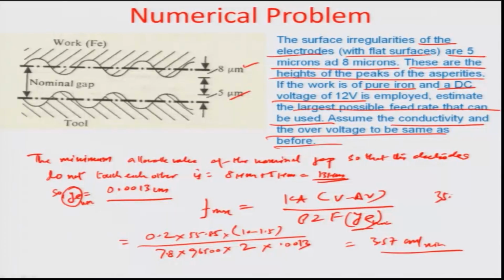In other words, I can go at a maximum feed rate of 35.7 millimeters per minute. Okay. So, that is how you can consider the maximum feed rate in this particular example problem.